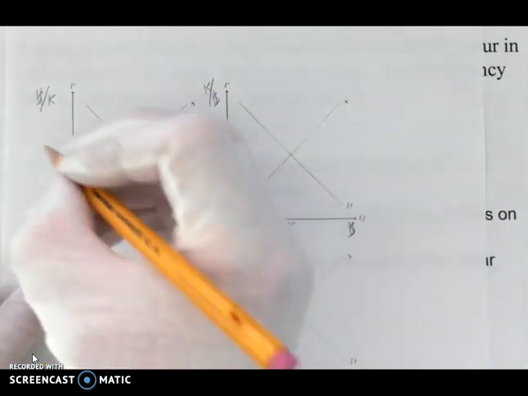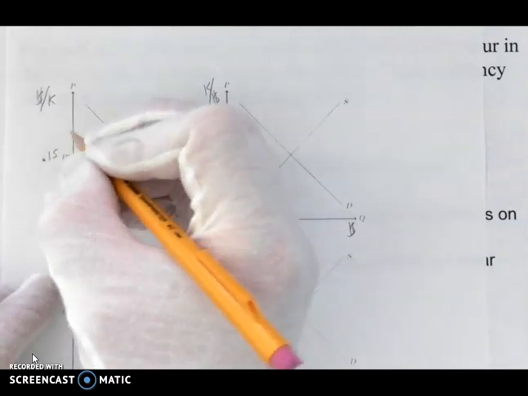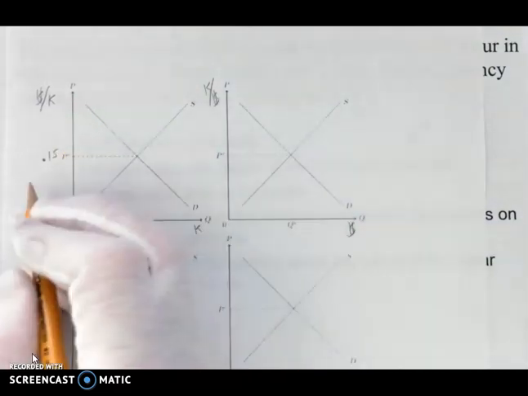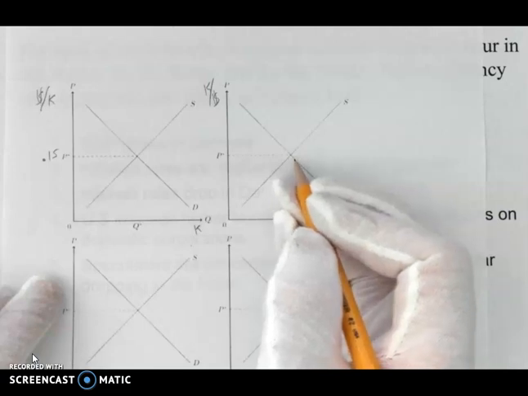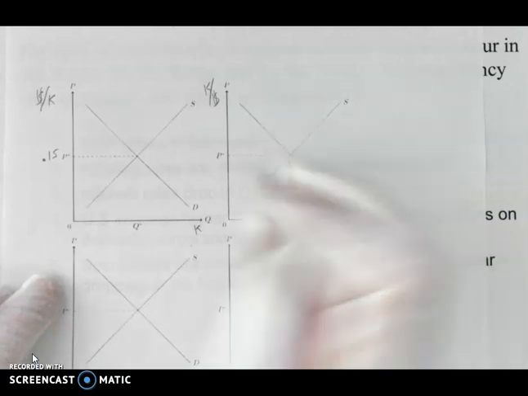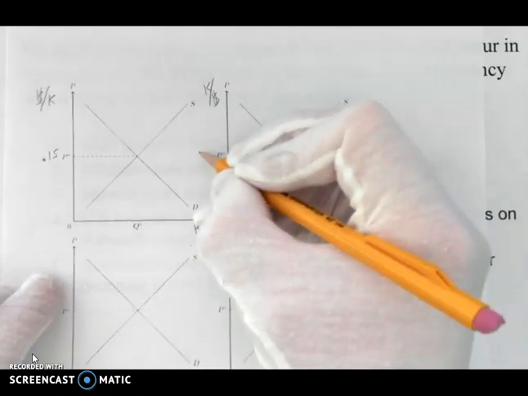So dollars per krone, we put here 0.15. So 15 cents per krone. Well, to get the value for the equilibrium in dollars, you would just find the reciprocal of that. So you would take 1 divided by 0.15, and I get 6.67.